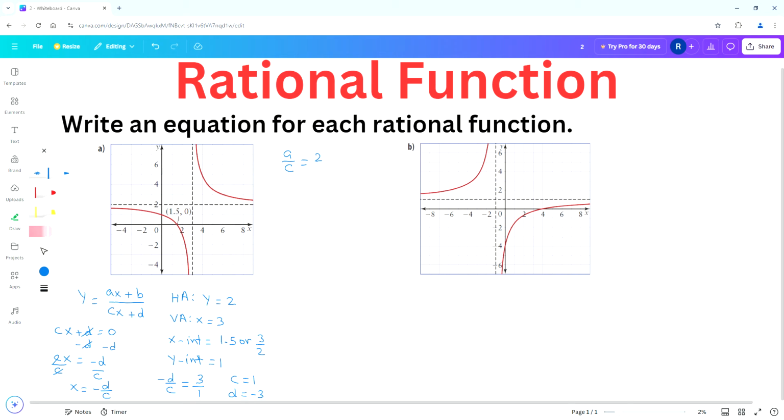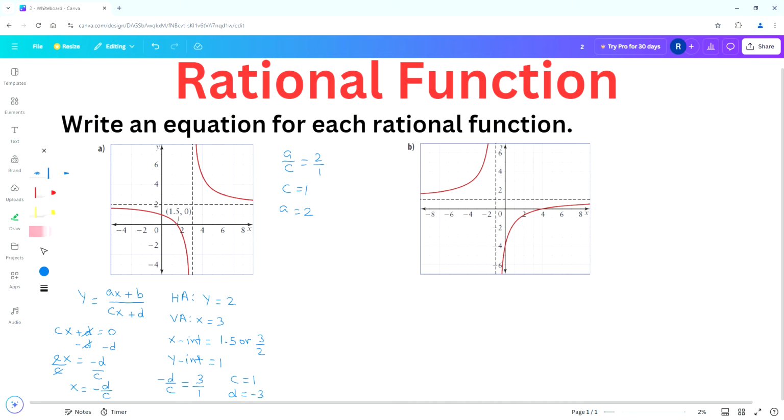The denominator of 2 is 1. That means c is equal to 1, which we already have from the analysis of vertical asymptote, and a is equal to 2. We have found the values of a, c, and d.